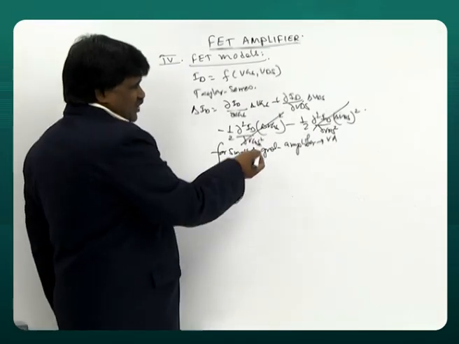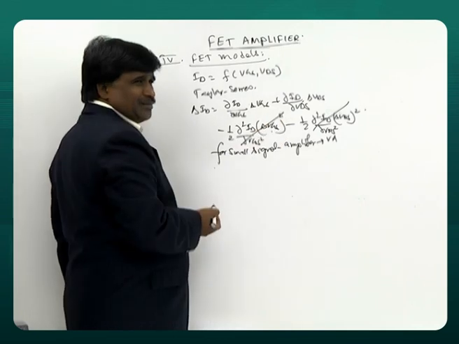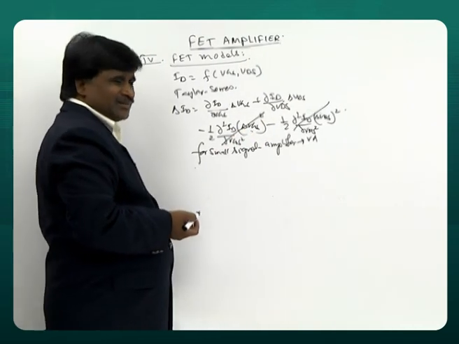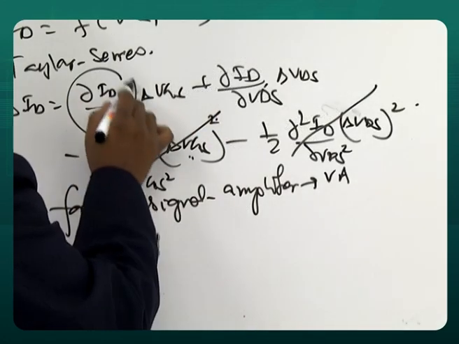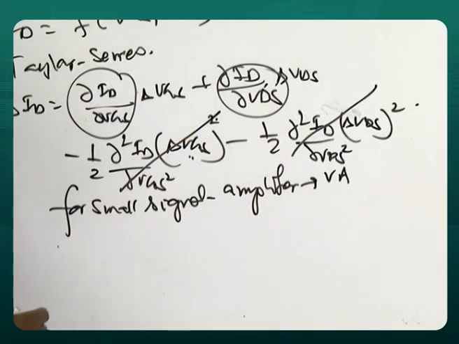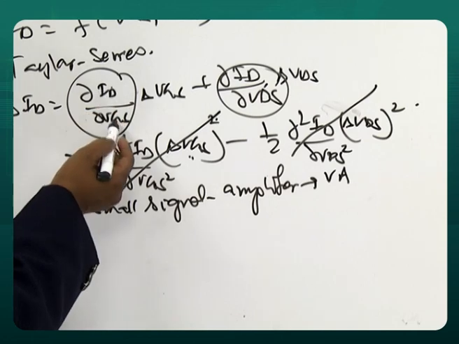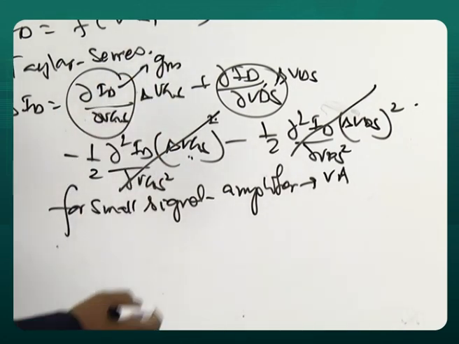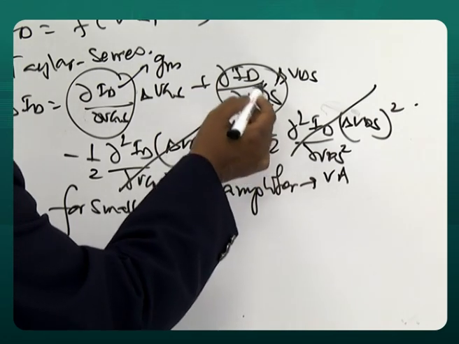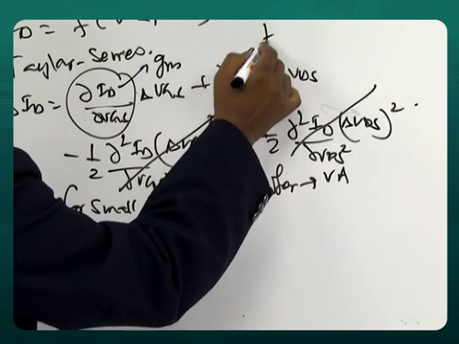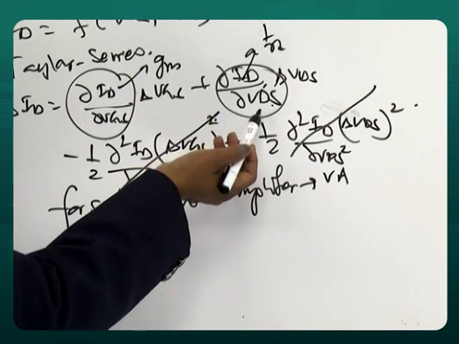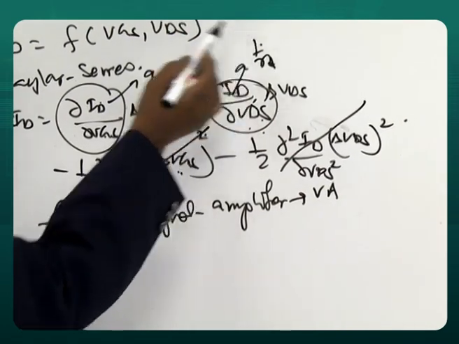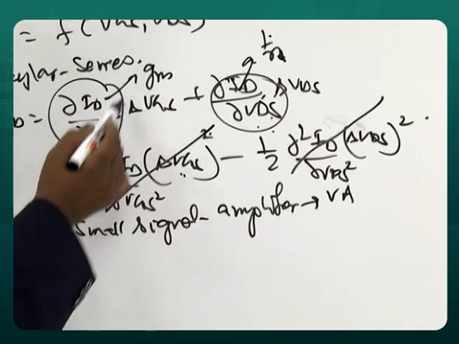For example, if the change is small, square is much smaller. Then you are left with only this and this. And dou ID by dou VGS is called GM. And dou ID by dou VDS is called 1 by RD, because voltage by current is resistance, but current by voltage is conductance, 1 by RD.